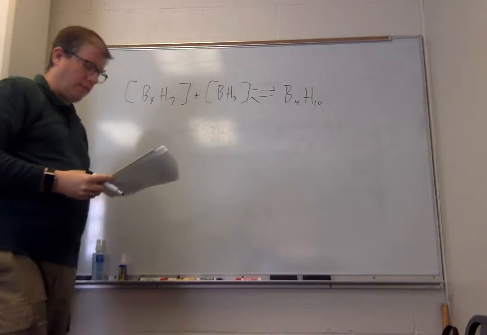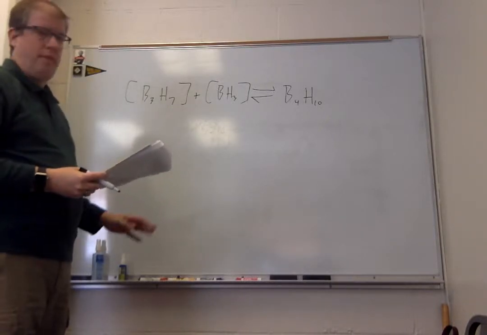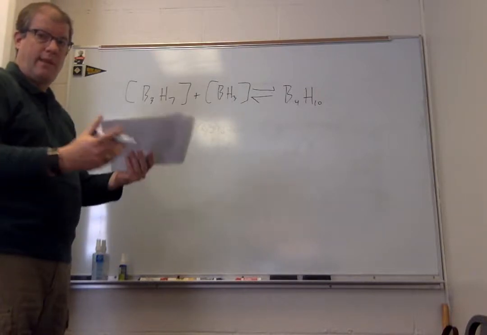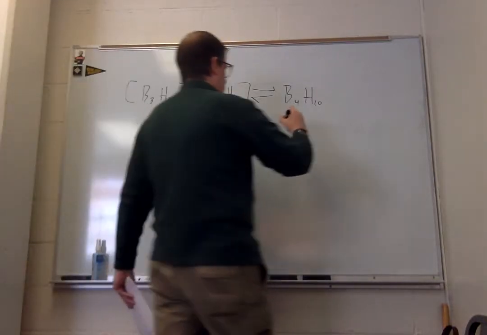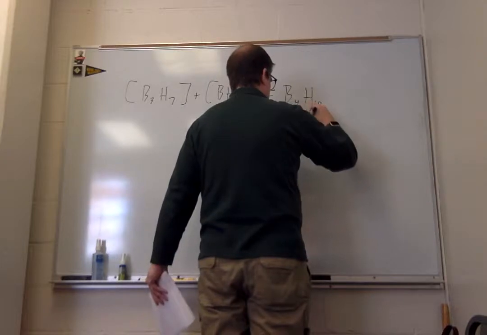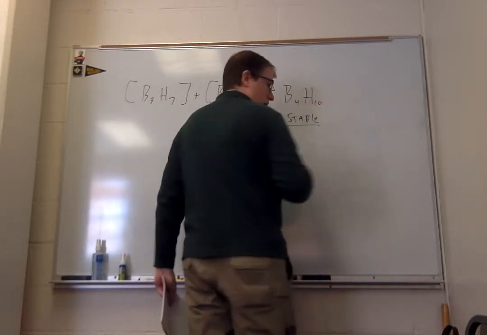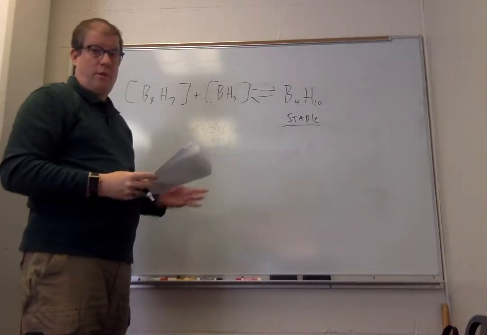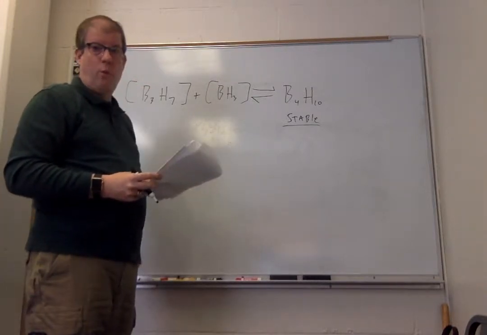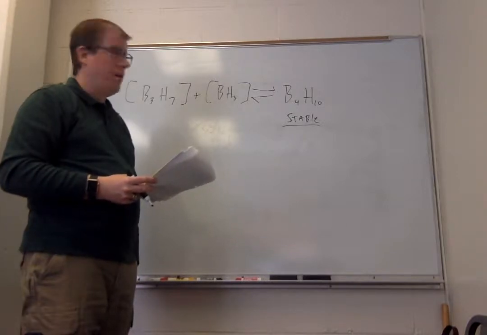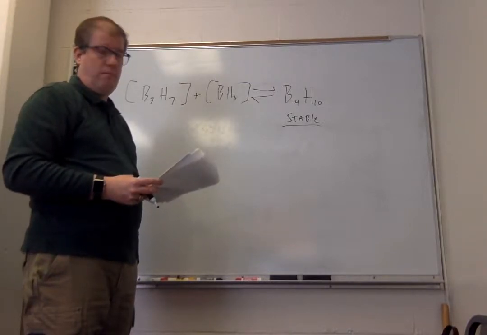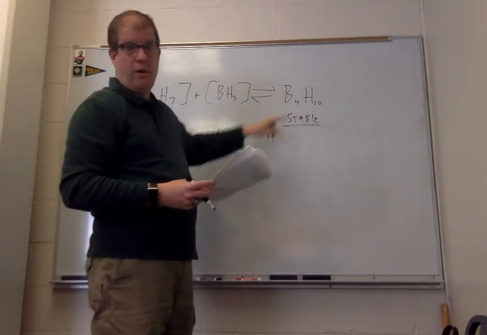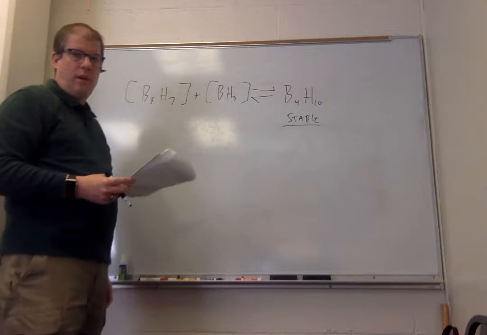And this is the first example, the lowest example, the least aggregated example, if you will, of a stable boron-hydrogen cluster. So generally what holds true is that you need 4 or more boron atoms to have a stable structure. And there's something special about the ratio there of boron to hydrogen as we get into this.